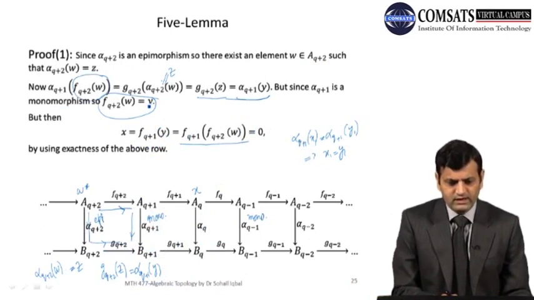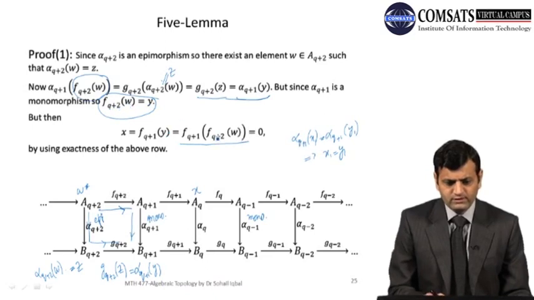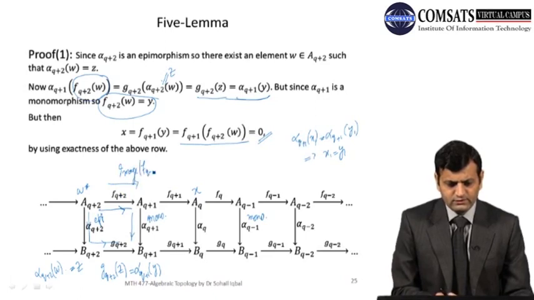Y is equal to f_{q+2} of w. So this happens, and this is 0. Why is this 0? Because the image of f_{q+2} must be equal to the kernel of f_{q+1}.